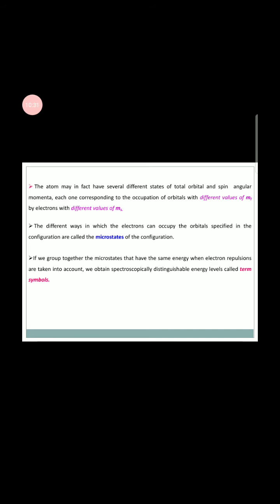The atom may in fact have different states of total orbital and spin angular momenta, each one corresponding to the occupation of orbitals with different values of ml by electrons with different values of ms. The different ways in which the electrons can occupy the orbitals specified in the configuration are called the microstates of the configuration. If we group together the microstates that have the same energy when electron repulsions are taken into account, we obtain spectroscopically distinguishable energy levels called term symbols.